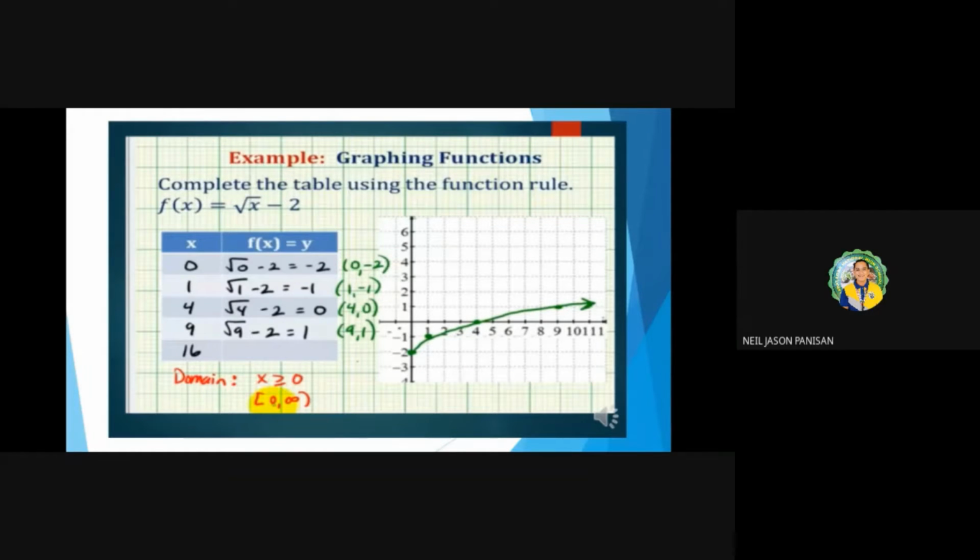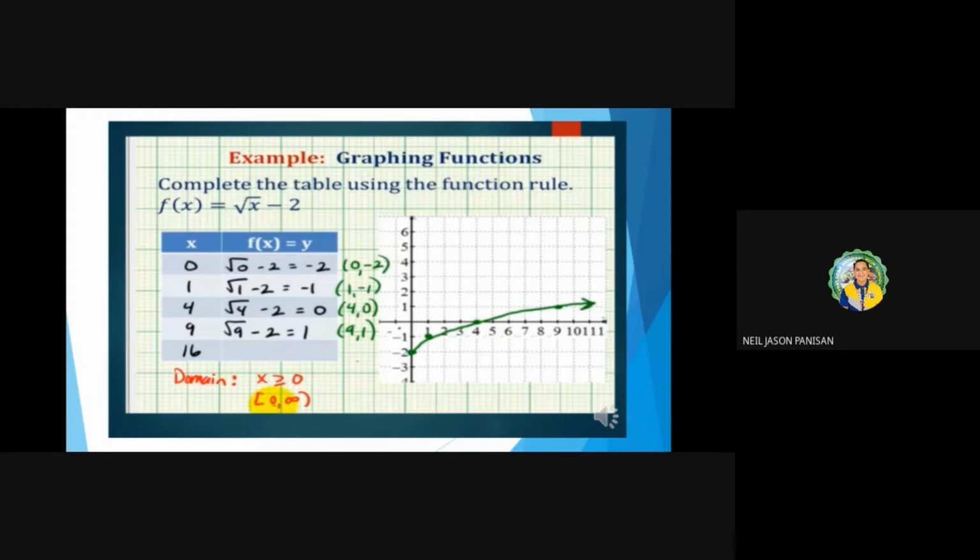And if our x is 1, we extract the square root of 1 from the equation f of x is equal to the square root of x minus 2. So the square root of 1 is 1, minus 2, so that is negative 1. Now we have the second point, which is 1 and negative 1.